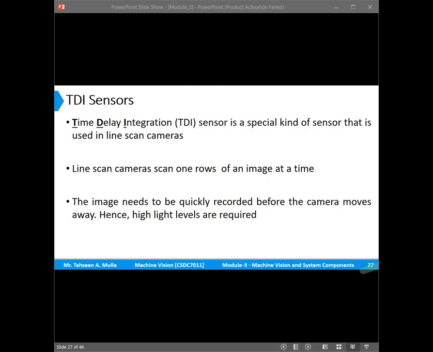Once a line scan camera reads one row of an image, there's no possibility of going back again if it has not recorded any of those pixels. It will leave it as it is. So high light levels are very much essential here. TDI sensors help to store the actual pixels of the image which we need to record.